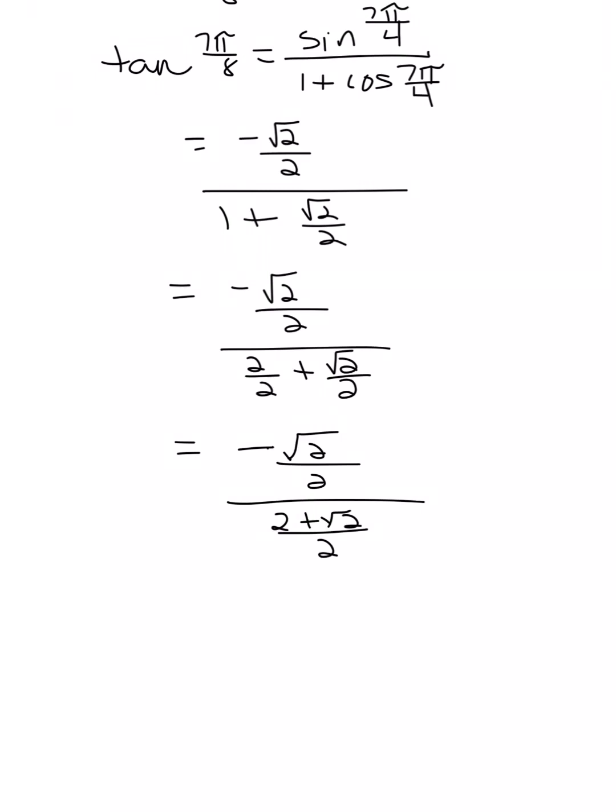When you have complex fractions where you have a fraction over a fraction, remember that the rules tell us for fractions that we leave the numerator alone and we multiply by the reciprocal of the denominator.